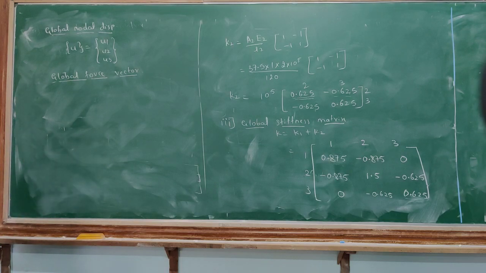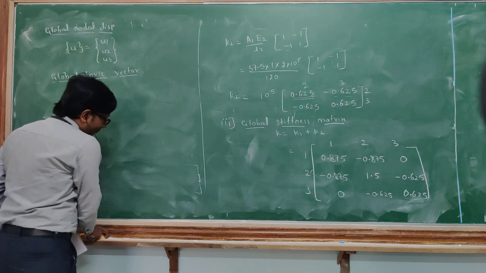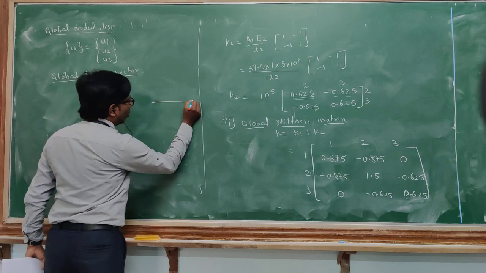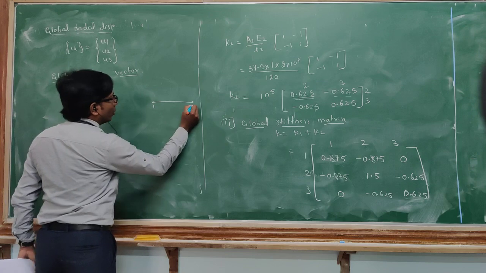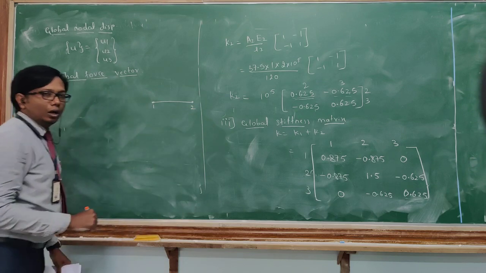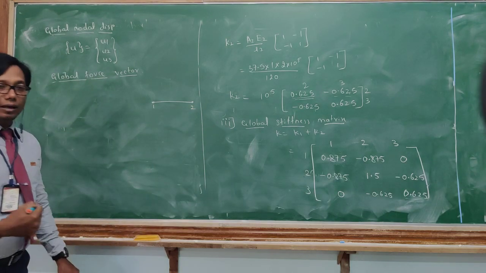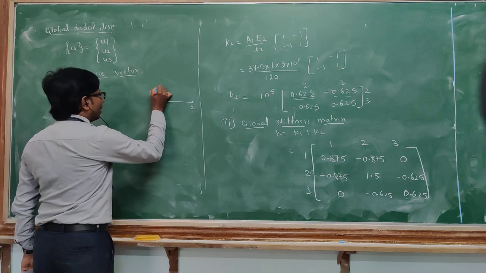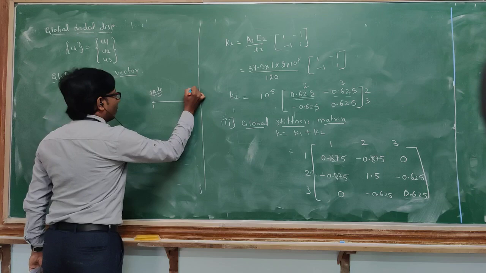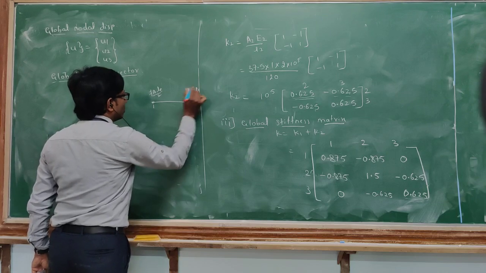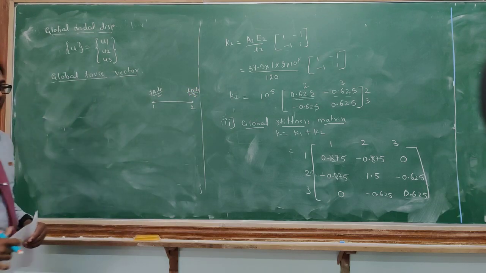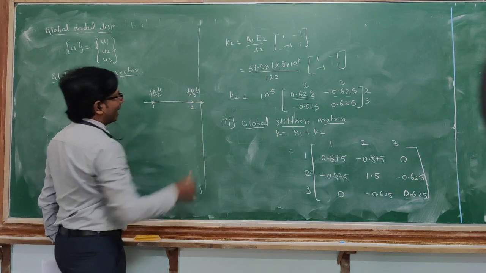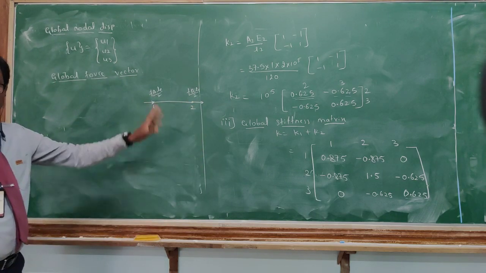If I have an element, just talking about an element which is having node 1 and node 2, which is subjected to a body force, the equivalent point load, what will it be? It will be Fa Le by 2. This is the equivalent load which will be acting on a particular node.